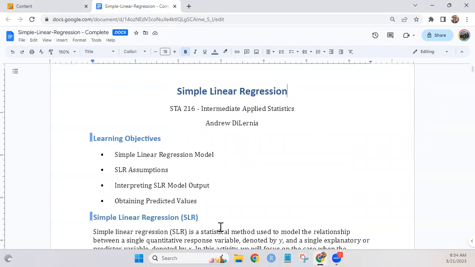I don't talk about it in the activity here, but the one sample t-test, the unpooled or pooled two sample t-test, one-way ANOVA, two-way ANOVA, those are all actually specific cases of regression models.